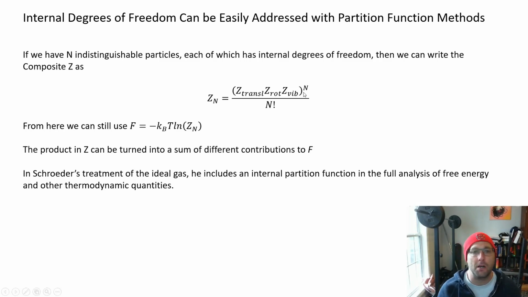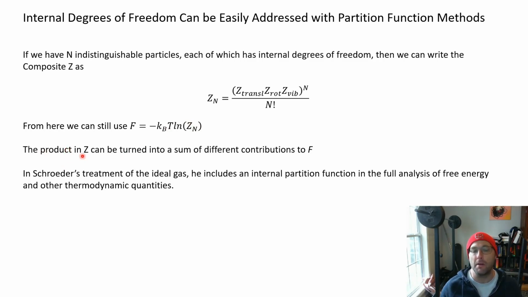So let's keep in mind that if we have n indistinguishable gas particles with internal degrees of freedom in each one, we can write the composite Z as this total single particle partition function raised to the nth power over n factorial. And from there we've got thermodynamics by just taking F equals minus k_B T natural log of Z. A product that appears inside this Z sub n can be broken out into a sum due to the logarithm.